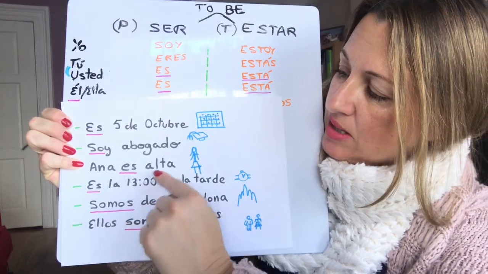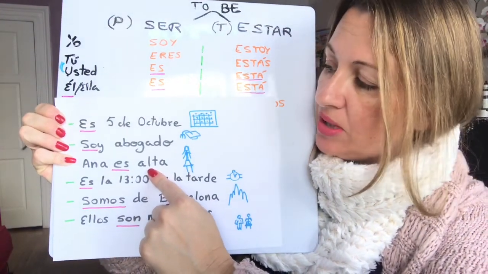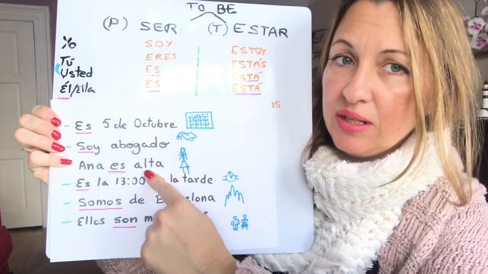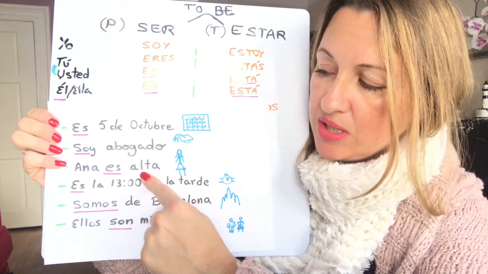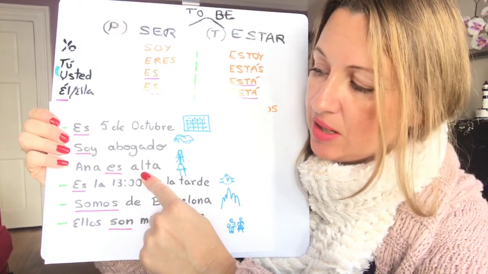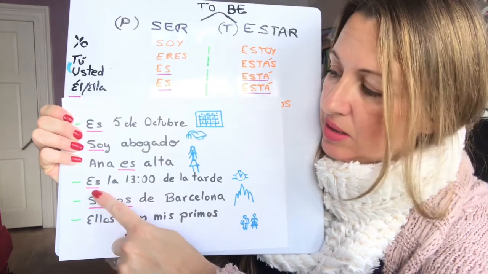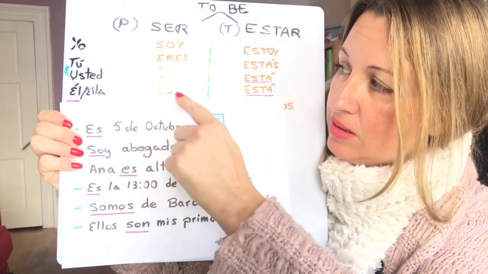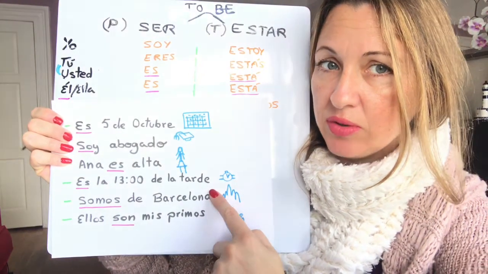Ana es alta. Ana is tall. That's something that doesn't change easily either, unless something radical happens, but it wouldn't change. So this is why we use ser here as well. Then for the time, as I was saying, es la 1 de la tarde, 1 o'clock in the afternoon.